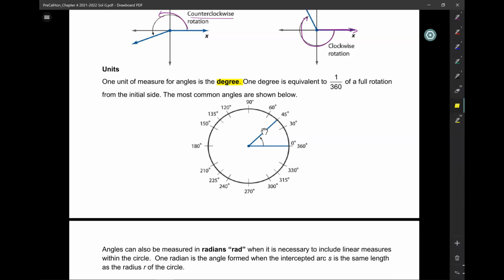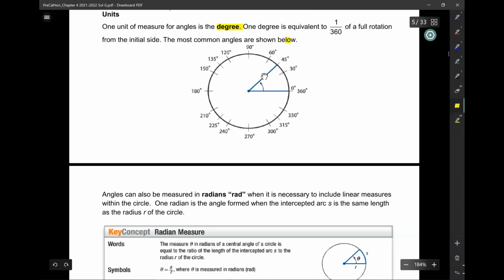Imagine for a minute what one slice will look like. It's going to be like a tiny sliver, right? Well, that angle is 1 degree. There are 360 of those in a circle. So it's tiny, okay? There are 30 of them just here, okay?